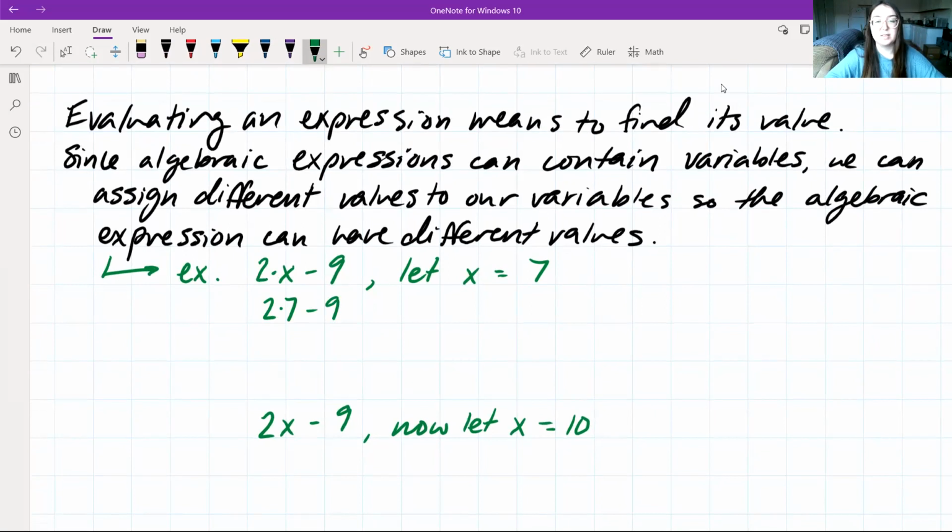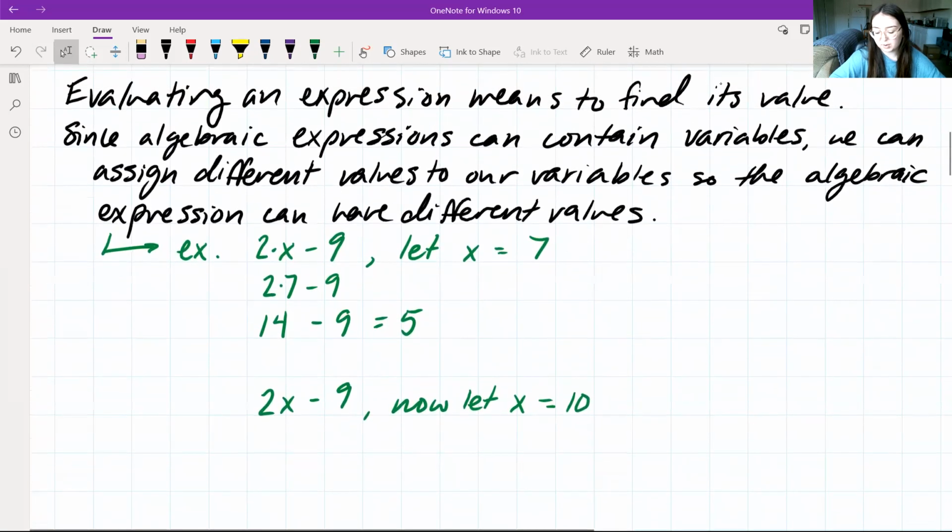Using our order of operations, 2 times 7 has to be solved first, and then we can subtract the 9. So 2 times 7 is 14, and we have 14 minus 9, which is equal to 5.